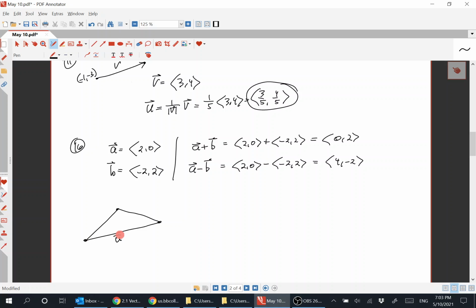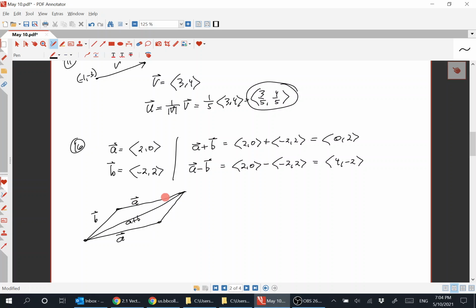So if this is vector a and this is vector b, then you can put another copy of a over here, another copy of b right there, and then a plus b is that right there.